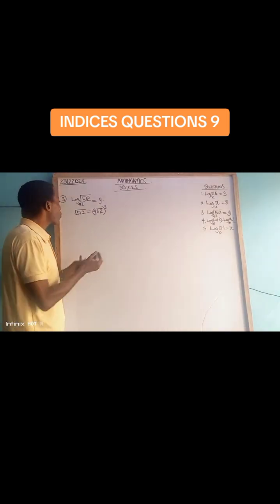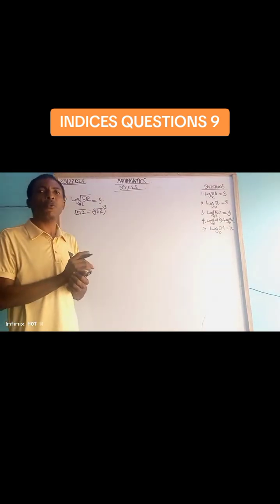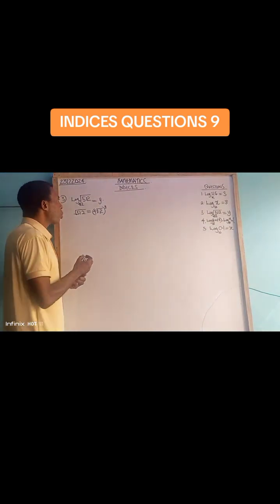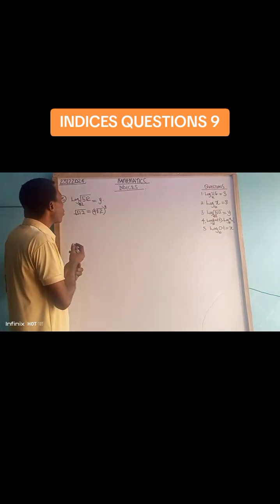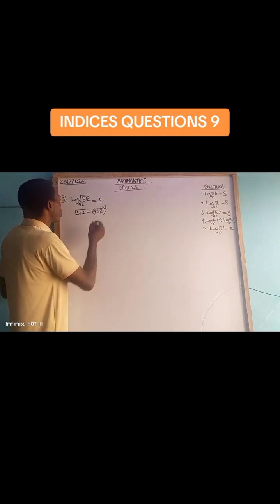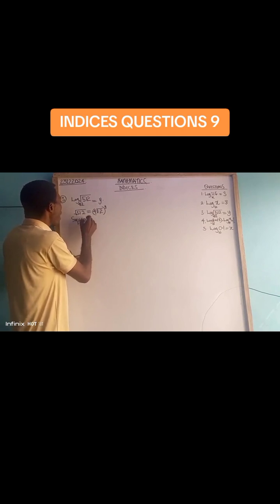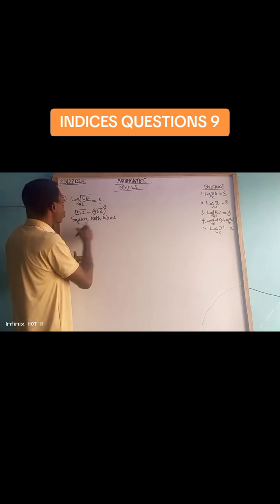So now from what we have here, I think the next thing for us to do is to find the square root of both sides. When you want to square the 2, we are going to square it. Square both sides.